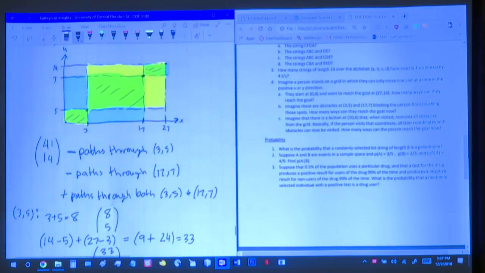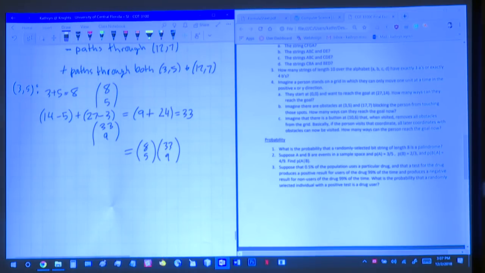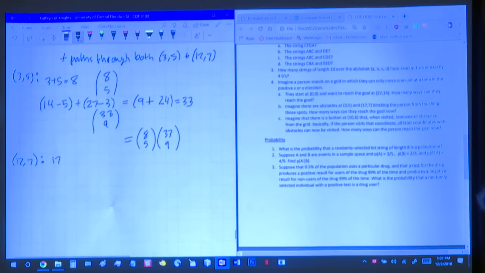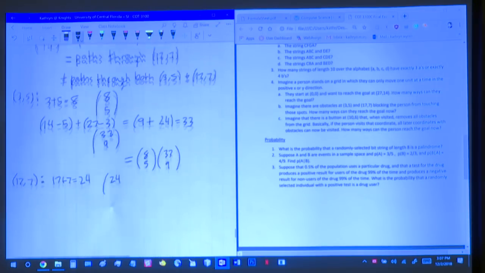So now we'll do the 17, 7 paths. 17 plus 7 equals 24, so then we'll have 24 choose 7.